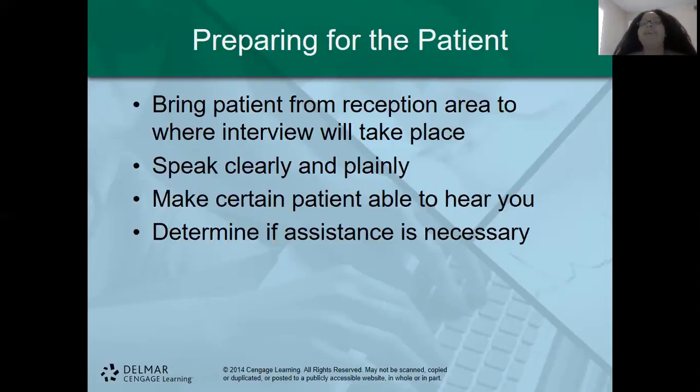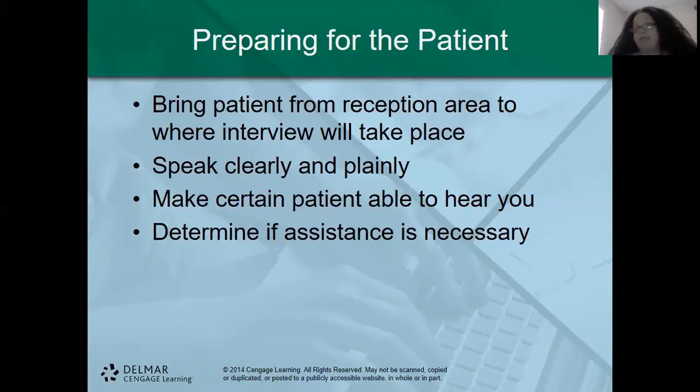So preparing for the patient, the first thing is to look at their history and make sure that everything is in place. If their names are hard to pronounce, ask someone. Please ask someone before you go out to the reception area. Also, you bring them from the reception area to where the interview will take place. Sometimes it'll be a little triage area.